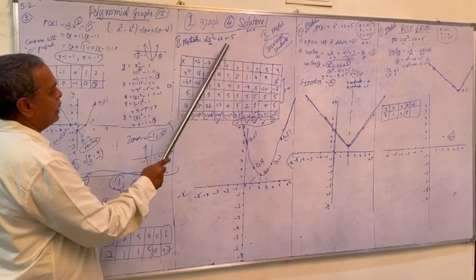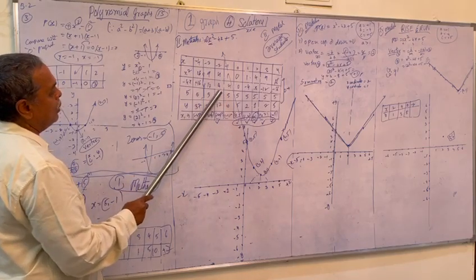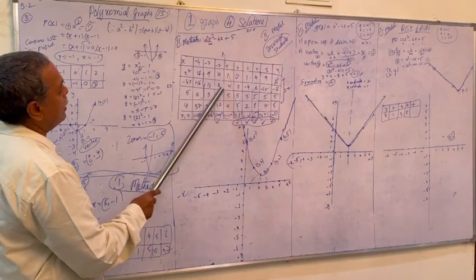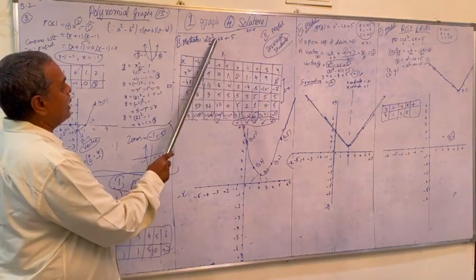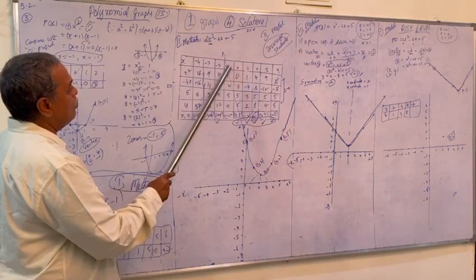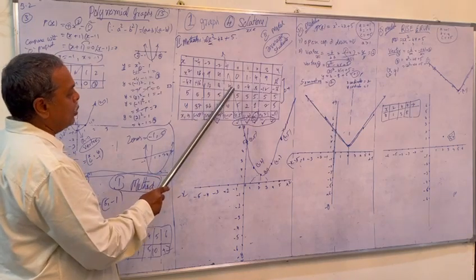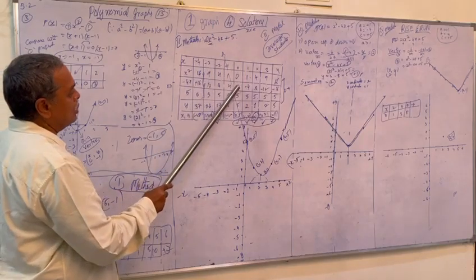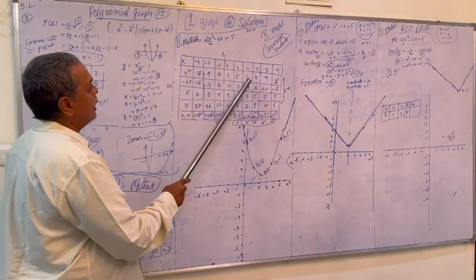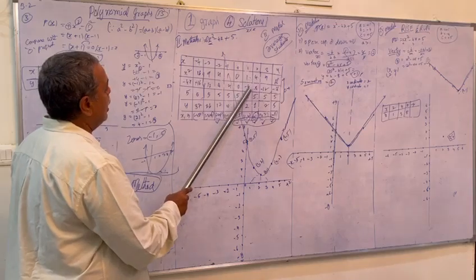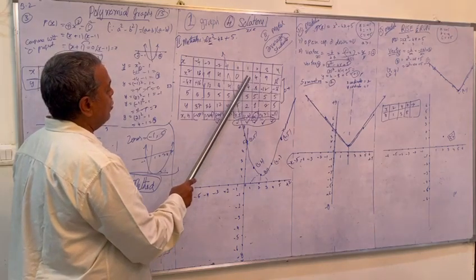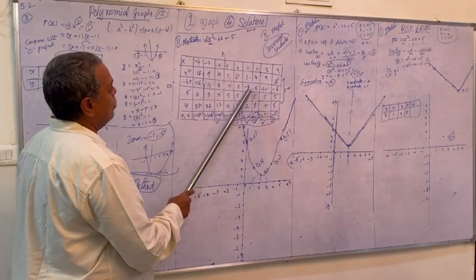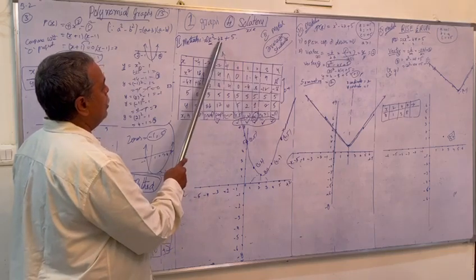Minus 4 into minus 2 is plus 8. Minus 4 into minus 1 is plus 4. Then 0, 0. Then 1 into minus 4 is minus 4.